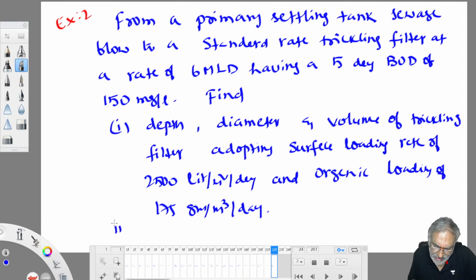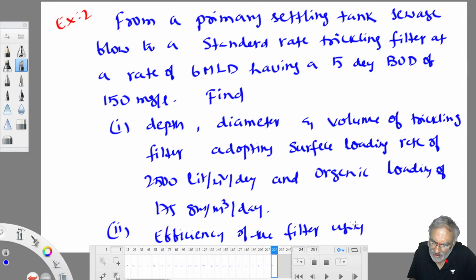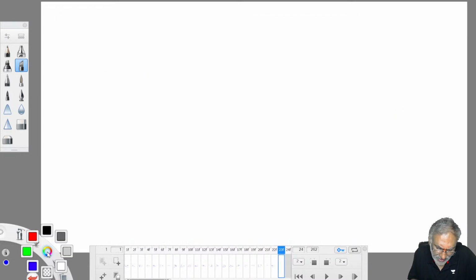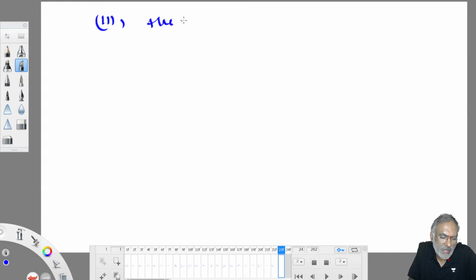Then the second question is the efficiency of the trickling filter, using NRC equation, of course, that is only popular. And the third part of this question is the BOD of effluent. What is BOD of effluent? YE.